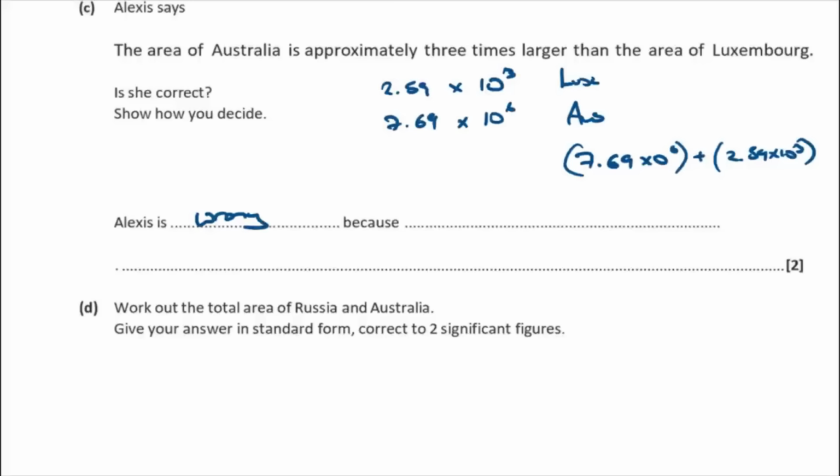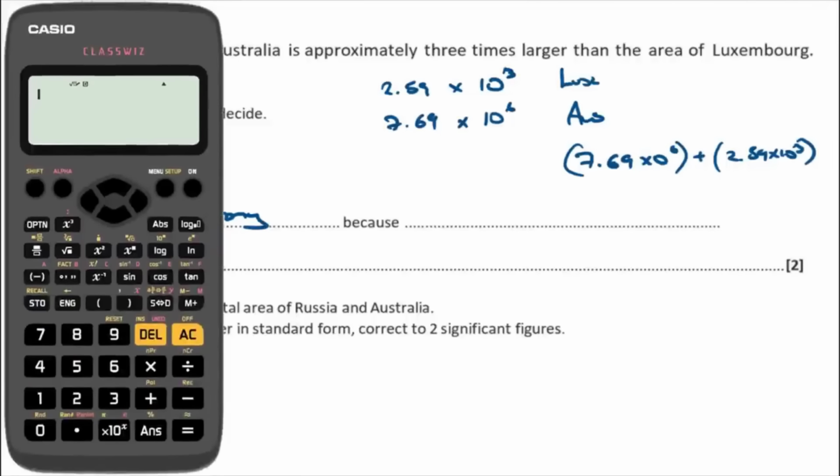So when I type in the Australia one, I'm going to type in the mantissa part, 7.69, and then I'm just going to press that key there once. That's going to give me the times 10, and then I'm going to put in the power, which is 6. So 7.69 times 10 to the 6, divide by the second mantissa, which is 2.59, and then I'm going to press that button again, and I'm going to put in the power, which is 3.